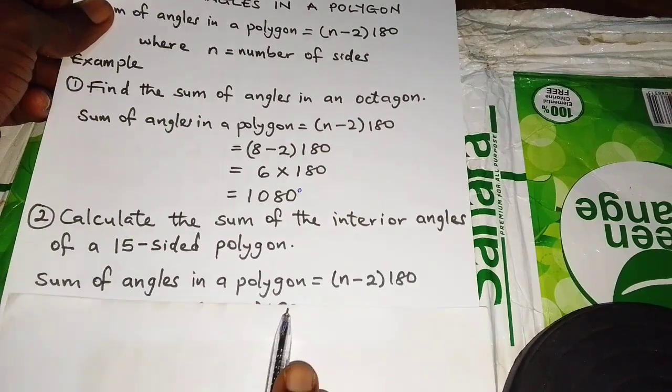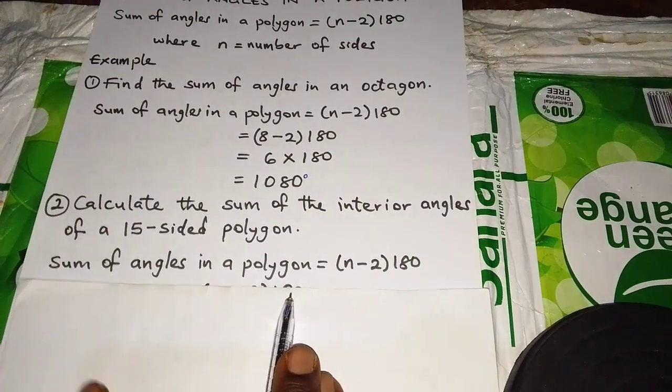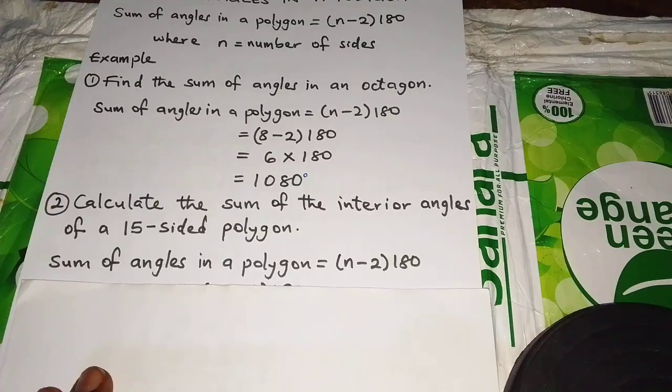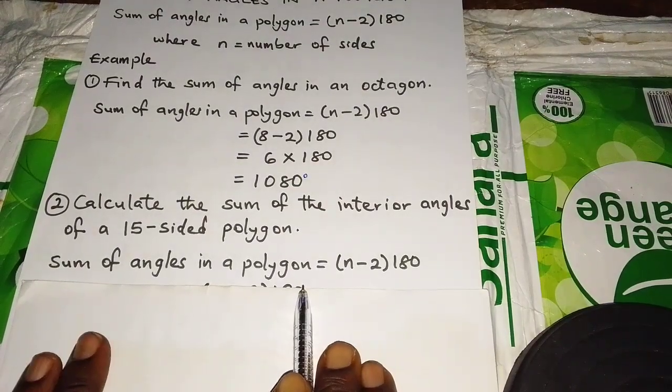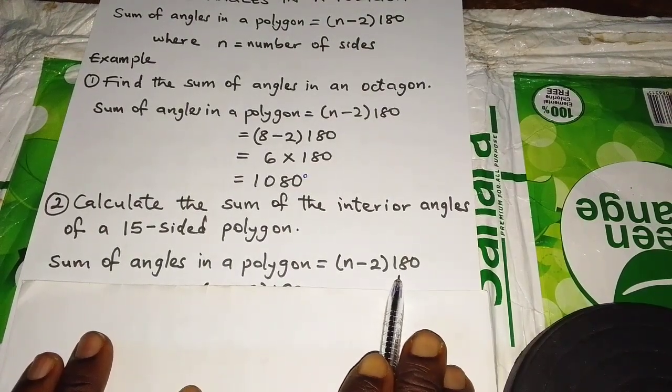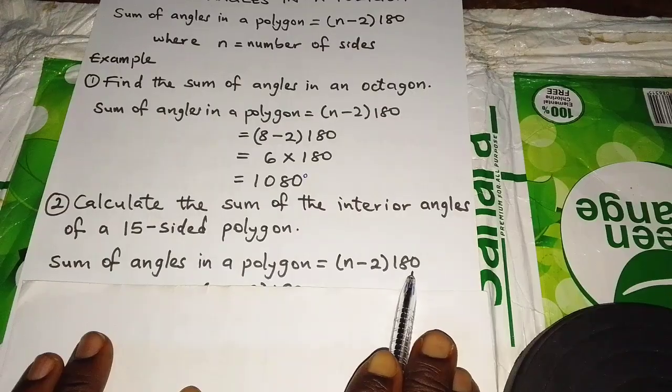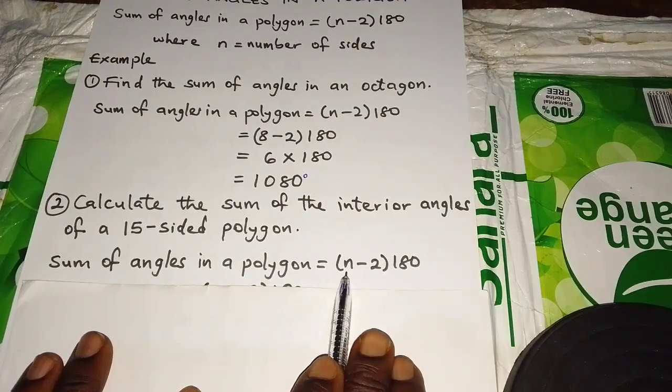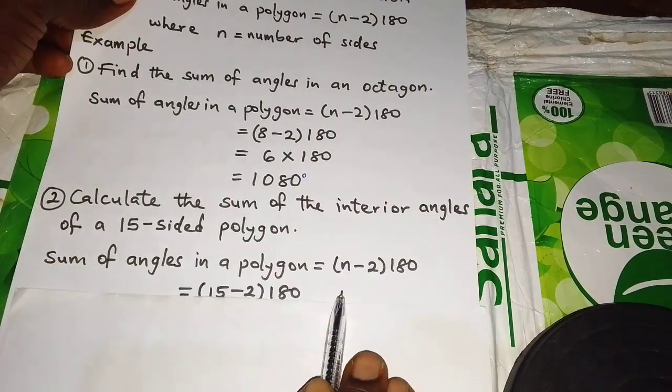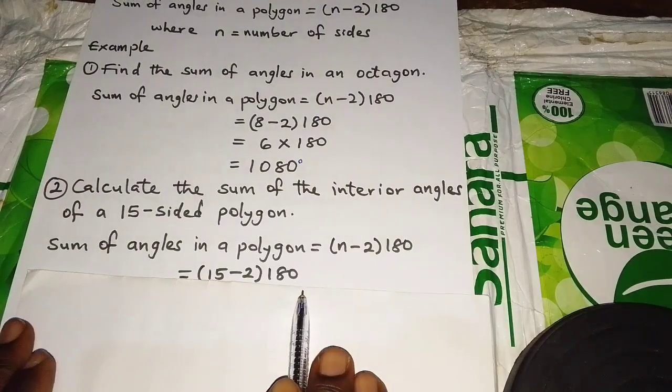First of all, you write the formula for the sum of angles in a polygon: (n minus 2) times 180. Now n is 15, so substitute 15 into the equation.